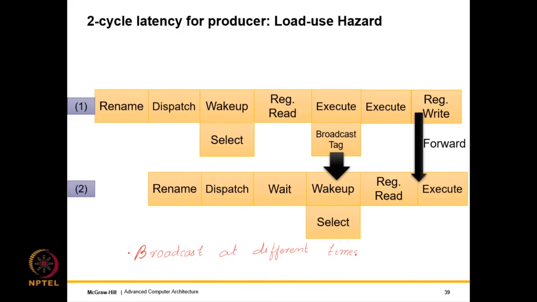Right, so what we do is we just broadcast at different times. We don't broadcast at the same time, we broadcast at different times. So for an add instruction, we broadcast in the next cycle, in the register read cycle. And for a load instruction, we broadcast 1 cycle later, which is in the first cycle of execute.